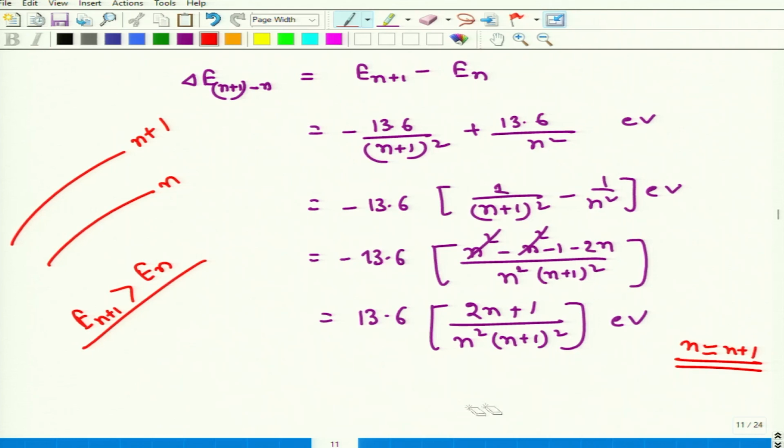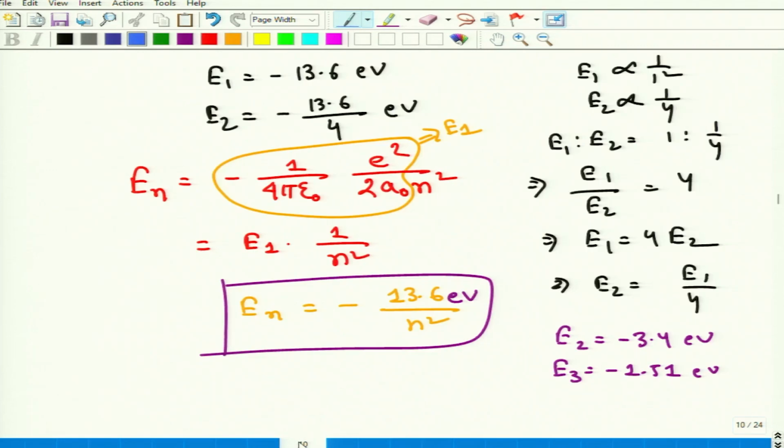We will not get into that, but this is the case. From here we can have some direct problems, but if n tends to infinity, then only E infinity will be 0, because this is the form.